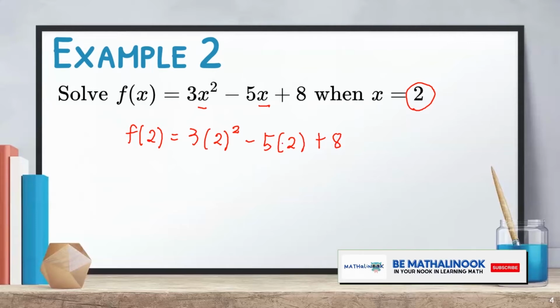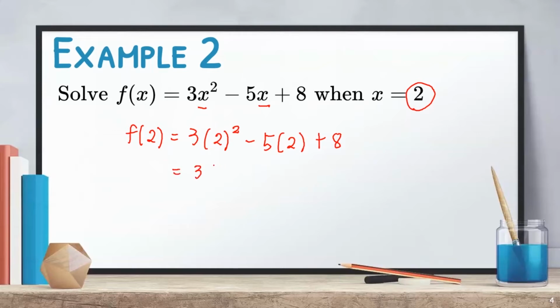In this equation, we need to evaluate first the exponent. Hence, we will have 3 times 4 minus 5 times 2 plus 8. Then, multiply 3 and 4 and negative 5 and 2.